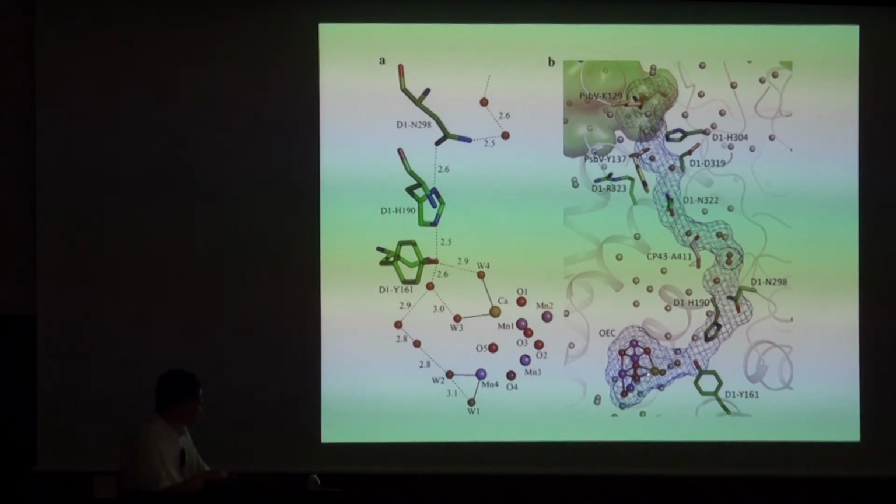So this hydrogen bonding network is maintained by this tyrosine residue and required for pumping protons out to the outside solution of the protein complex.